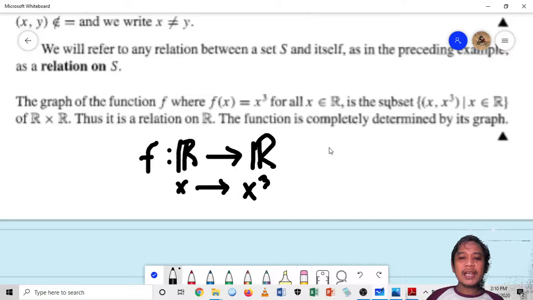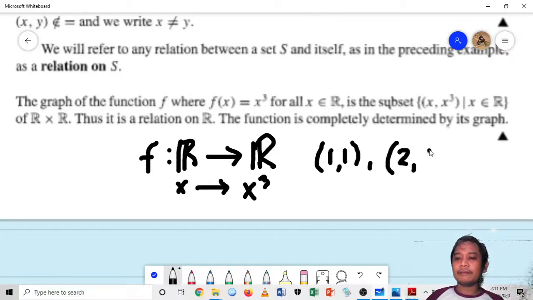Meaning an element of this function can be (1, 1), because the cube of 1 is 1. Another element of that function is (2, 8), because 2 cubed is 8. Or let's say 1/2 would be paired with 1/8.